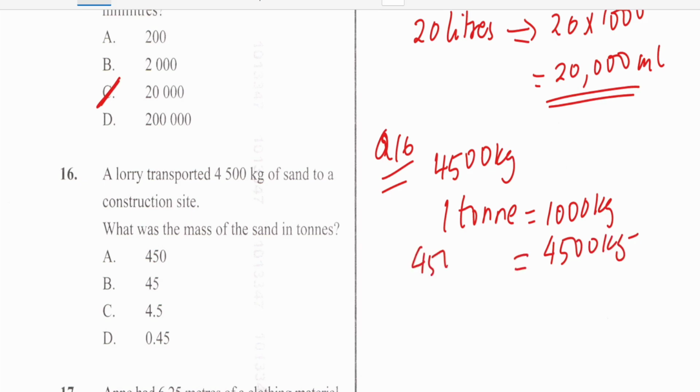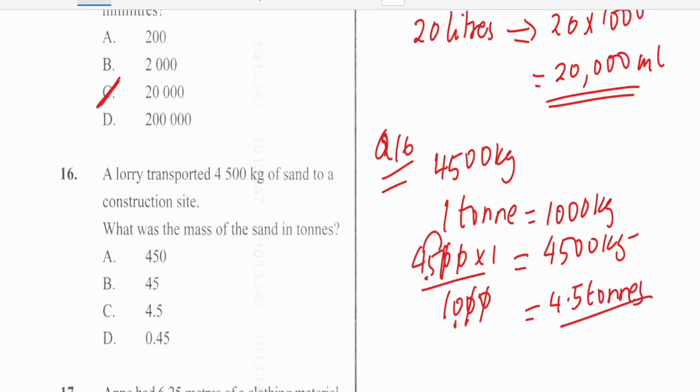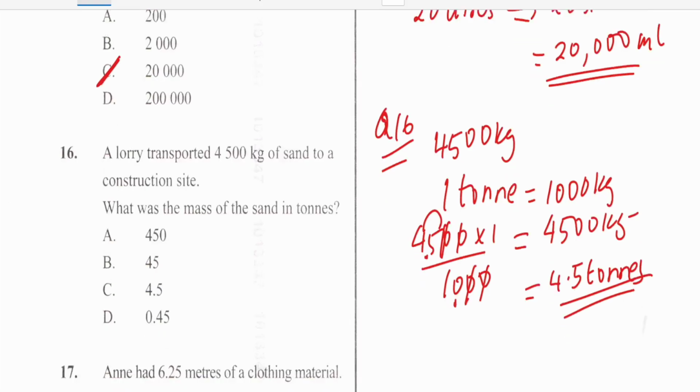So 4,500 multiplied by the 1 ton divided by 1,000. So the zeros cancel out, and you just remain with 1 zero here. That is the 1 decimal point. So you go backwards 1 time, so it gives you 4.5 tons. So hopefully that is understandable.